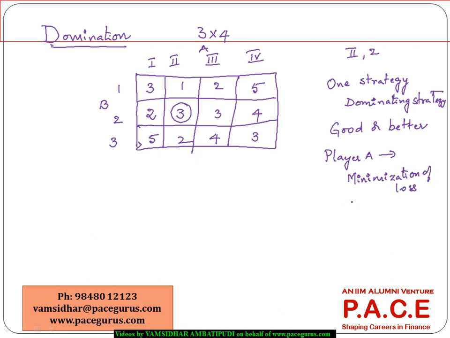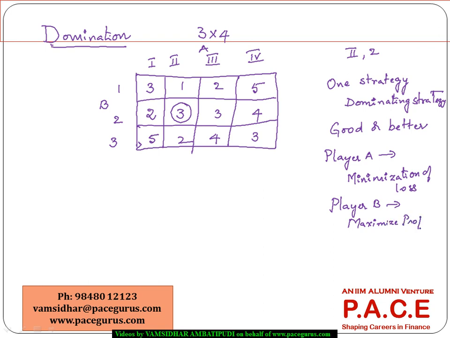because A's aim is always to minimize the losses, because whatever we see under the A scenario, we look at it as the loss amount. So the intention is to minimize the losses. But when I look from player B's perspective, my intention always is to maximize the profit.